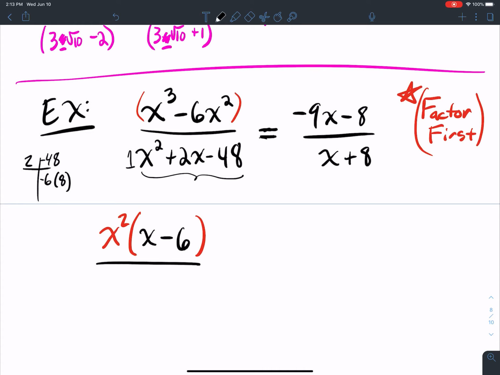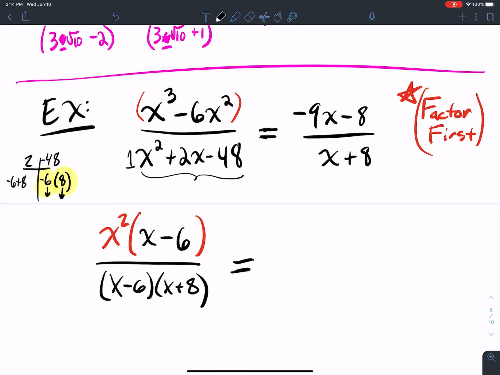If I make 6 negative, negative 6 plus 8 gets me 2, so that works. So I have an x minus 6 because of that negative 6, and then an x plus 8 because of that positive 8. Ooh, that seems useful.